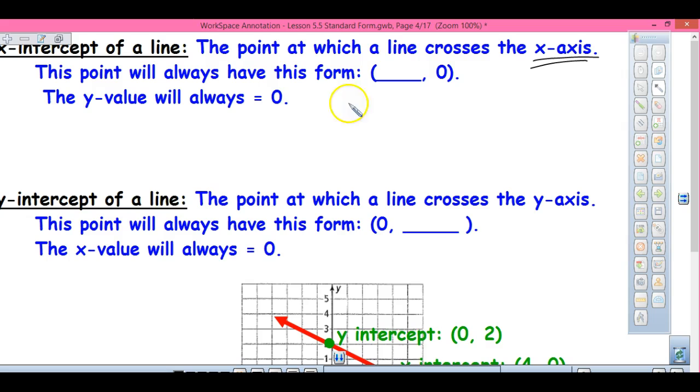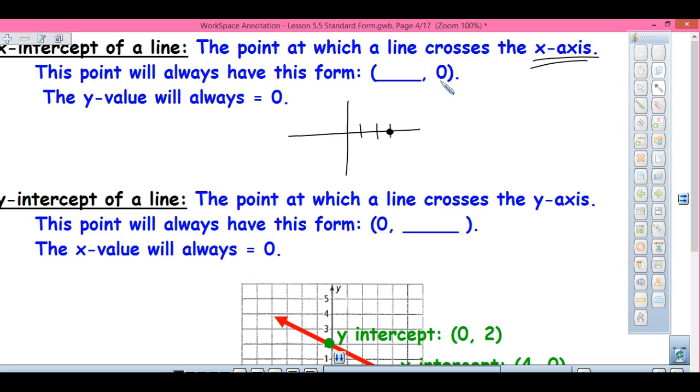If I have a graph, and I'm on the x-axis right here, let's say this point right here, what point would that be? 3, 0. Yep. So with the x-intercept, what is 0? The blank comma 0.